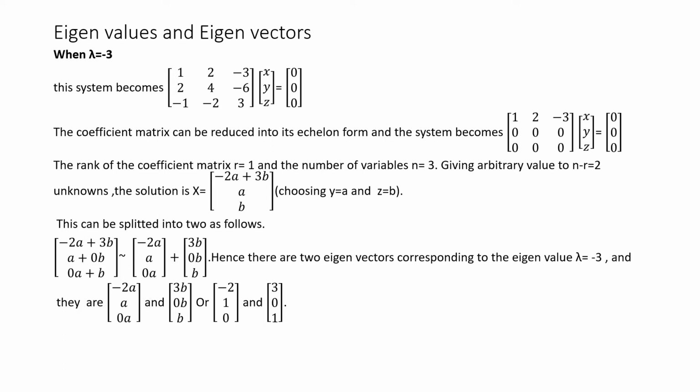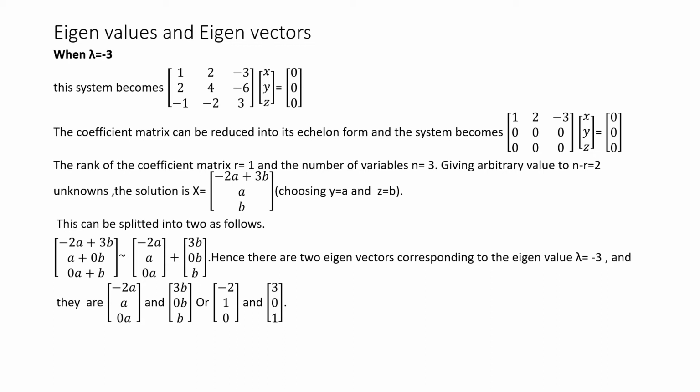Here, the rank of the coefficient matrix is 1 and the number of variables is 3. So, n minus r equals 2. Giving arbitrary values to two unknowns, y equals a and z equals b, the solution is x equals minus 2a plus 3b, y equals a, z equals b.